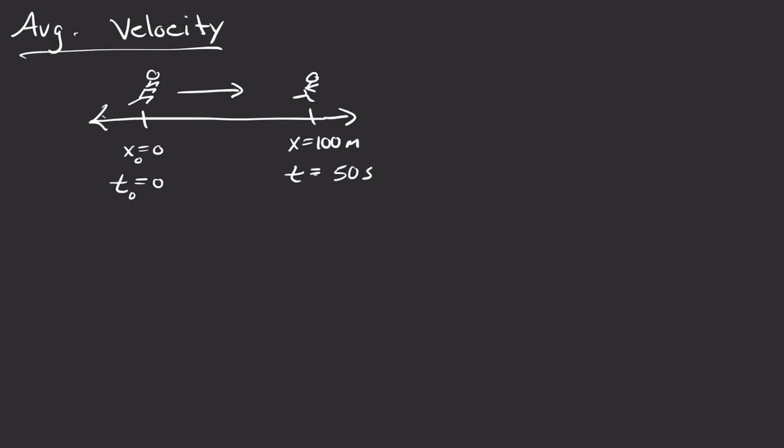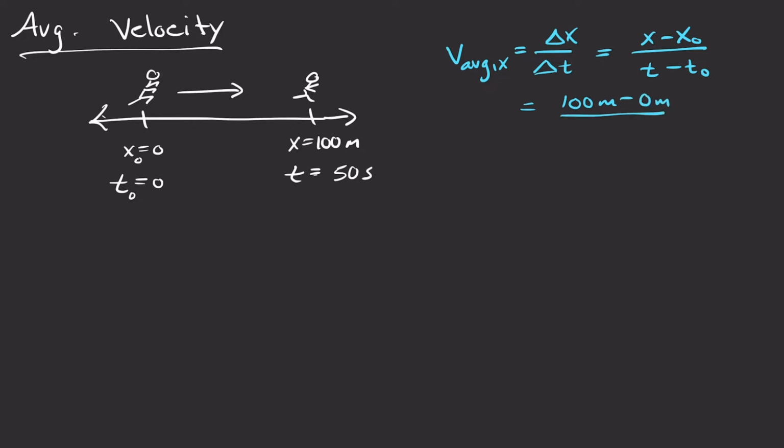So our average velocity in the x direction is delta x over delta t. Occasionally I may drop these vector hats because we're only moving in one direction, so it's understood which direction we're moving in. So this is x minus x naught over t minus t naught. We ended at 100 meters, started at 0 meters, and we ended after 50 seconds and started when the clock was 0.